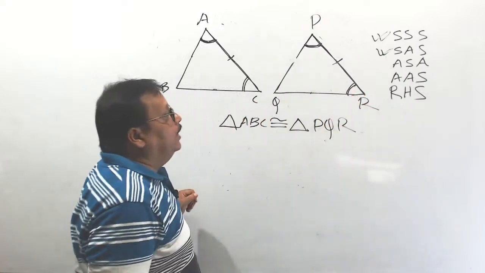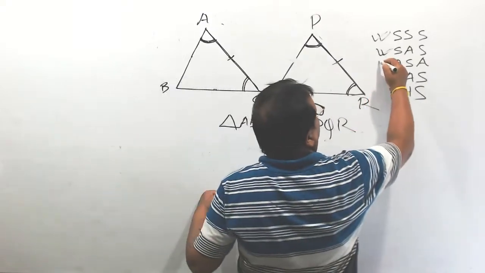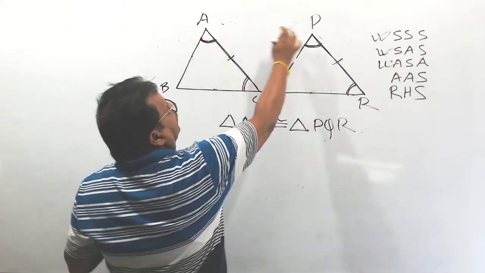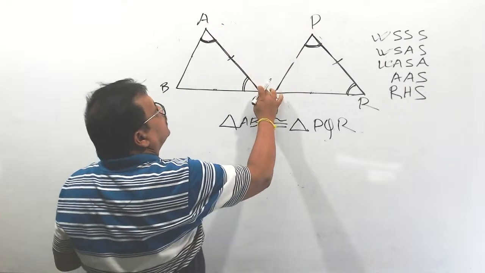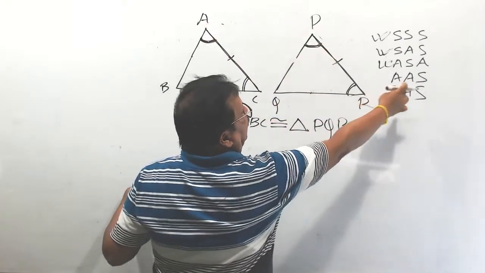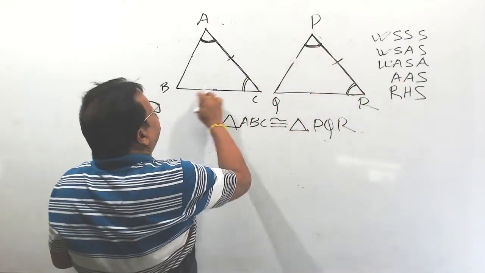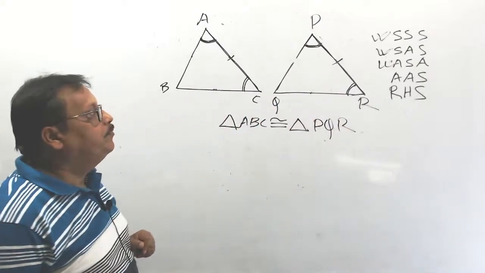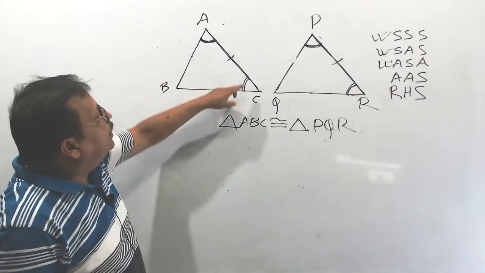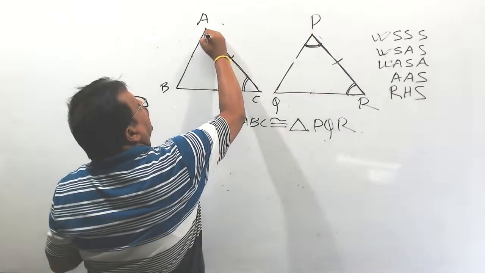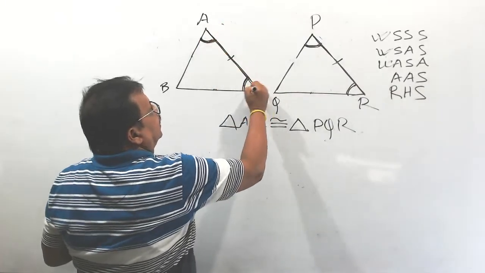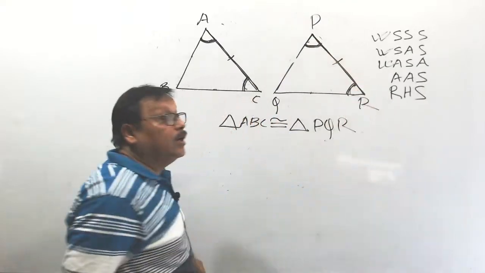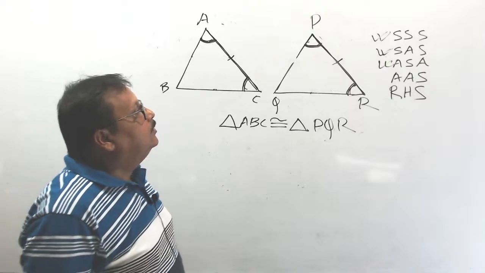Understood? Angle, side, angle. That means corresponding angles A and P, corresponding side AC is equal to PR, and again angle ACB, that is angle C, will be equal to angle R. Angle, side, angle. This way, in order.